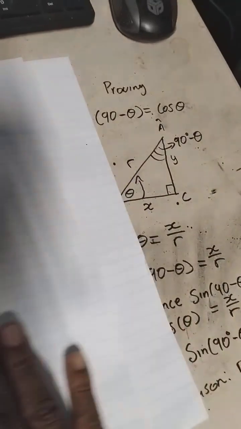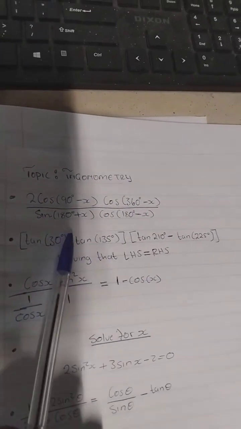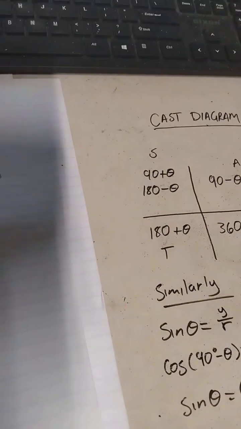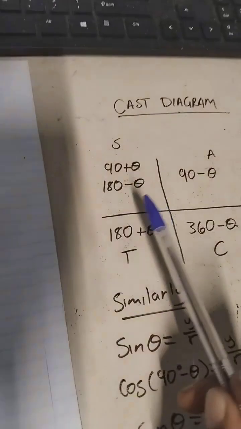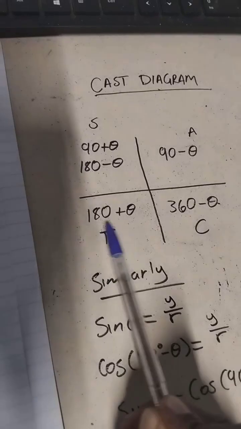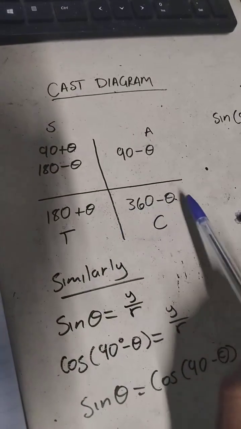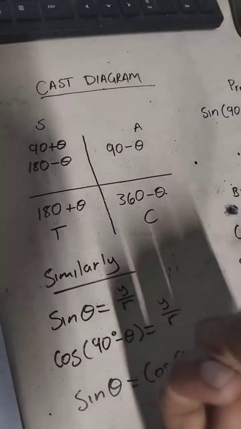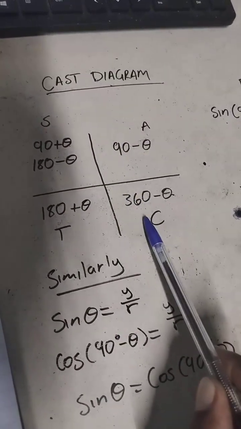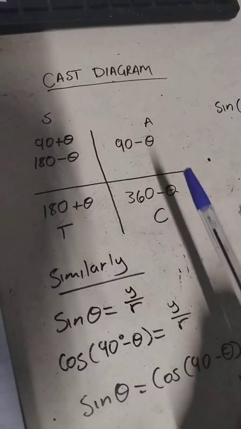I was emphasizing this because of these kinds of questions. You should notice 180 plus theta: only tan is positive, sine is negative, and cos is negative. 360 minus theta: cos is positive, sine is negative, tan is negative.